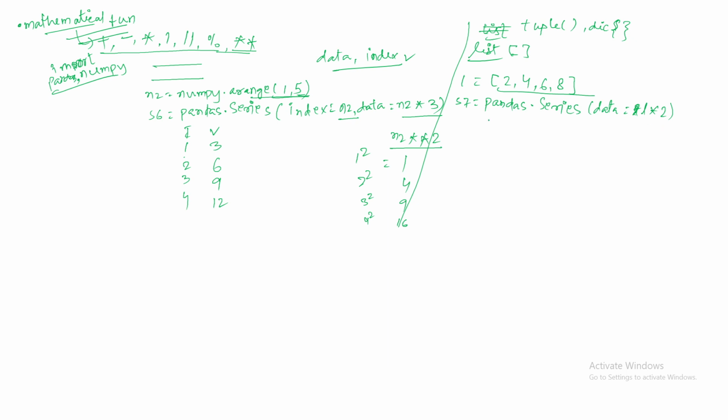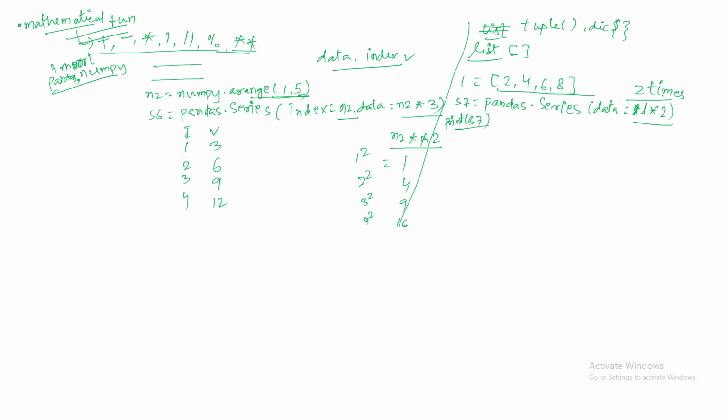Okay. So L into 2, and if you call print command S7, see, I am not writing print, so you will understand that one. If you do not call the print command, then it will not display. So print S7, if you do 2, 4, 6, 8 L into 2, then the list will repeat how many times? 2 times.